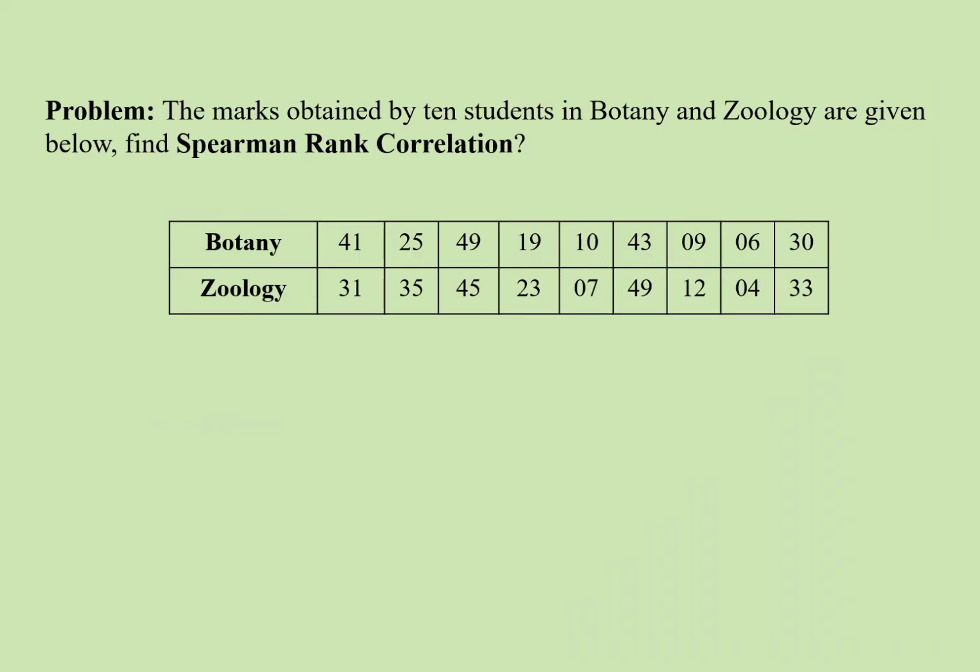Now the second question is, the marks obtained by 10 students in botany and zoology are given below. Find out Spearman rank correlation. In this table, the marks obtained by students in botany and zoology are provided, and from this data you have to find out the Spearman rank correlation.